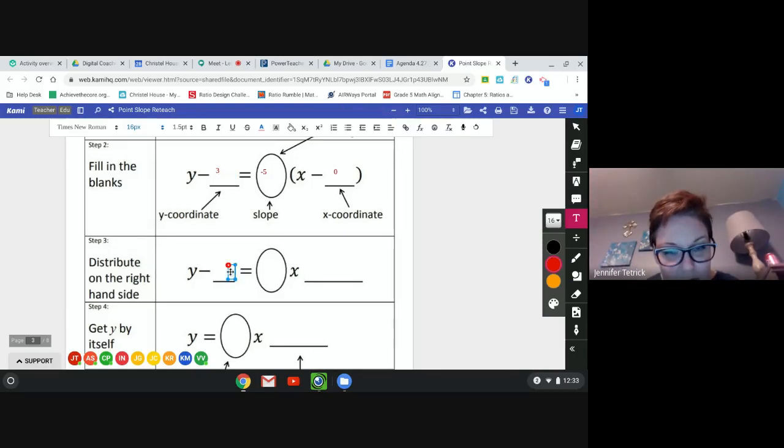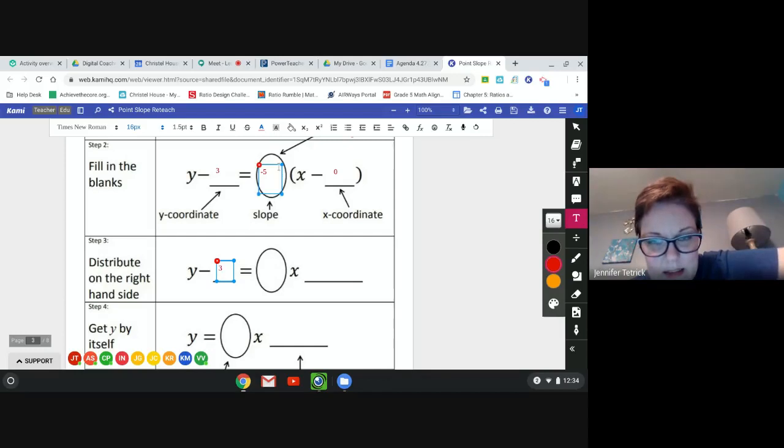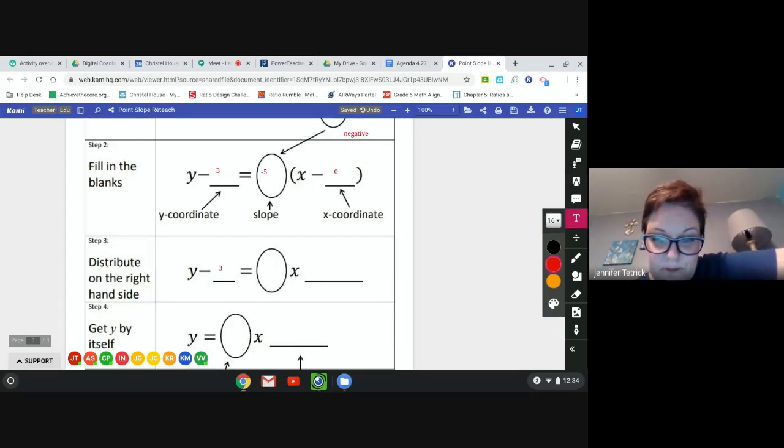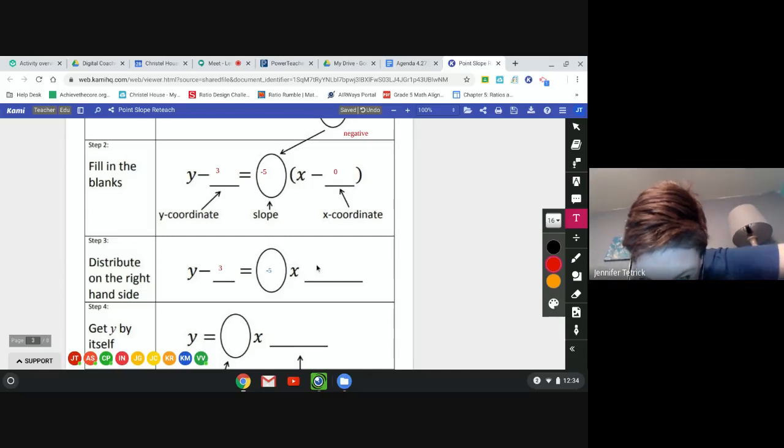So if I distribute, someone said earlier I would be doing this multiplication thing. So someone show me what happens when I take a negative 5 and multiply it by an X. And a negative 5 multiplied by 0. Just show me. Nice. Show me what happened over here. Don't be scared. Is there anything over here?